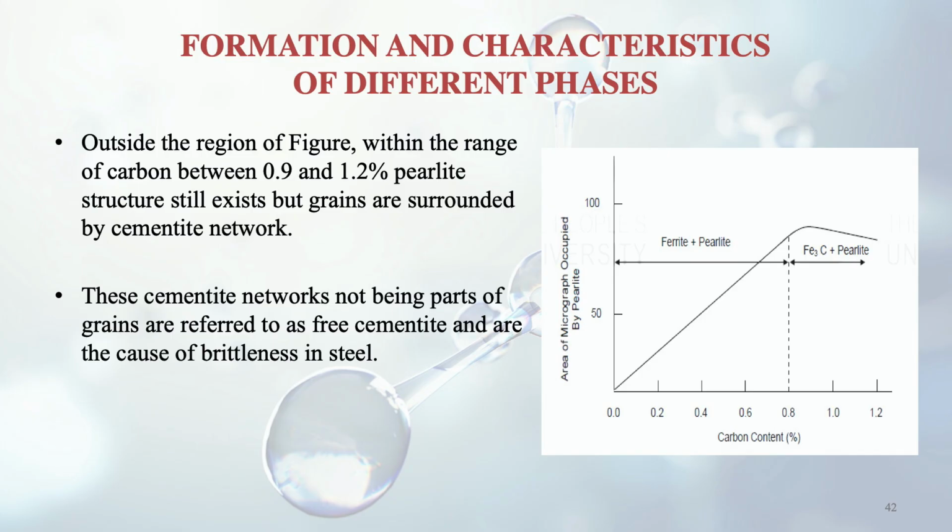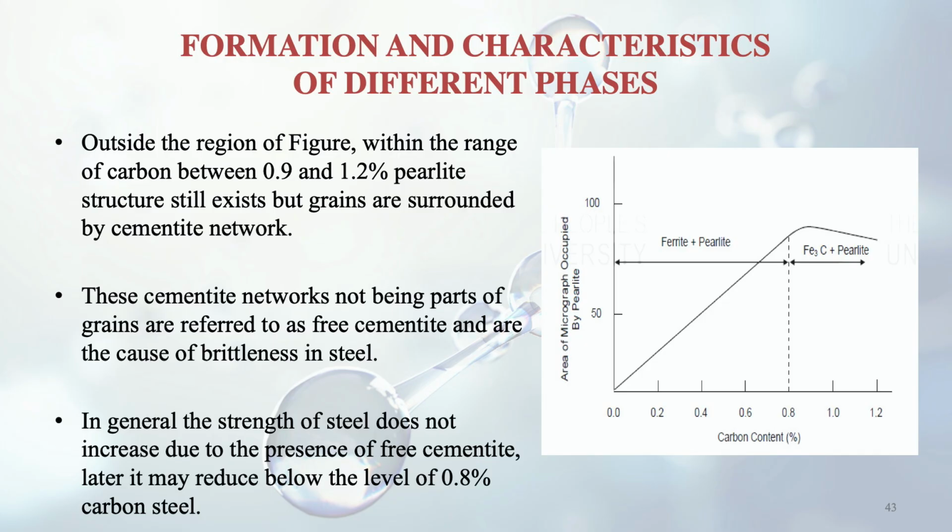We have pearlite here, but the cementite amount is increasing gradually. These cementite networks, not being parts of grains, are referred to as free cementite and are the cause of brittleness in steel. So the cementite actually will cause brittleness. Hardness is increasing, but at the same time it is getting brittle with increase in carbon content.